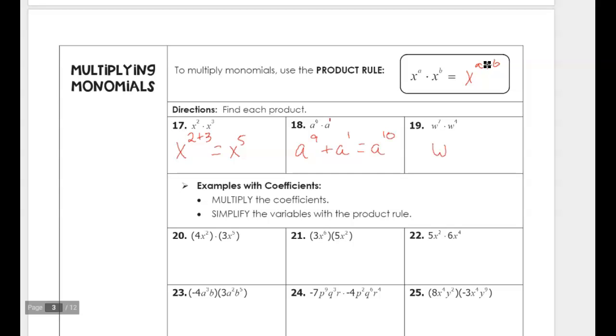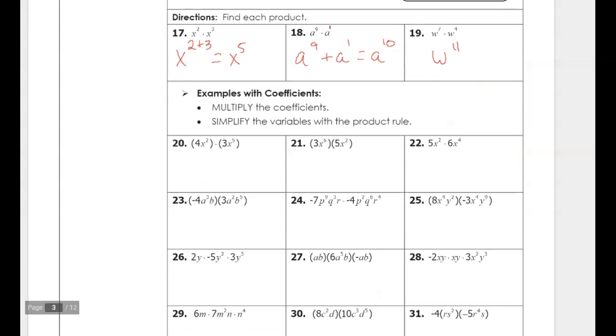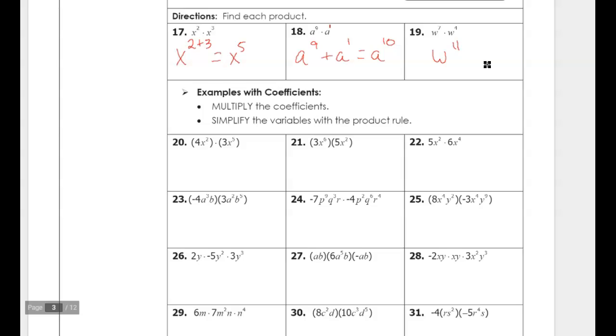And 7 plus 4, eventually you can just, when they're basic like that, go right to here. Now down here, again, it tells you multiply the coefficients, and then it says simplify using the product rule. Some more examples. 4 times 3 is 12. And then the 2 plus 5, which is going to equal 7.